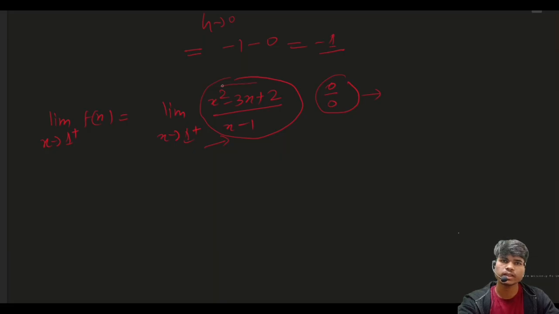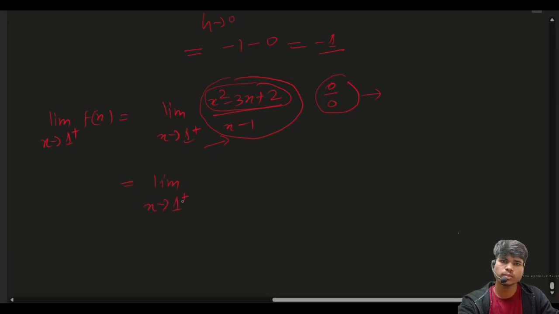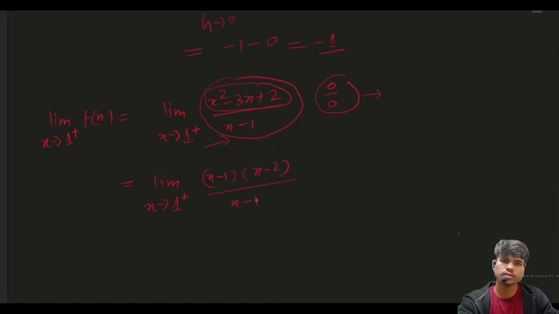So we will factorize again this expression. So we have limit x tends to 1 positive x minus 1 into x minus 2 divided by x minus 1, and here x minus 1 with x minus 1 cancel. So we have limit x tends to 1 positive x minus 2.